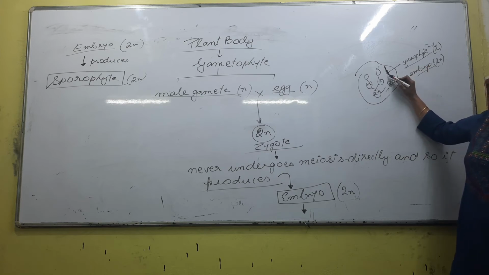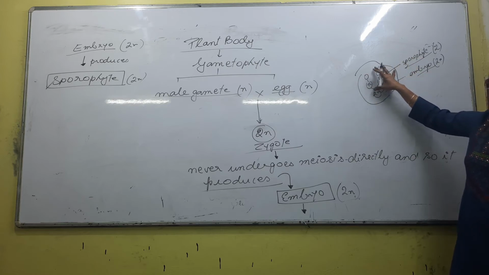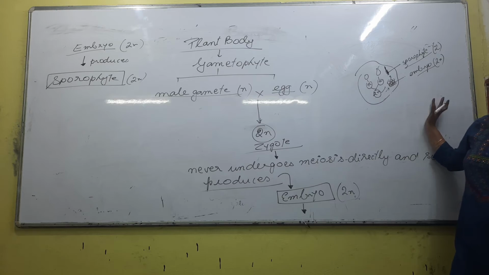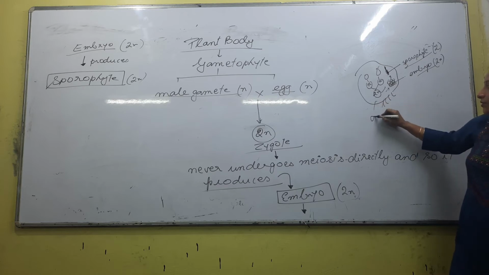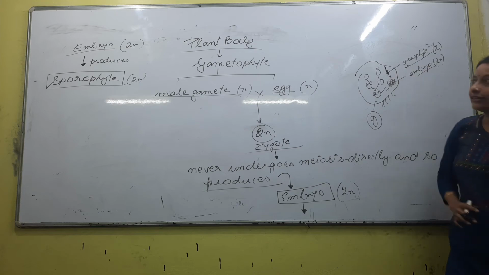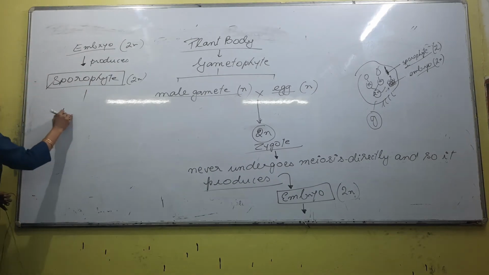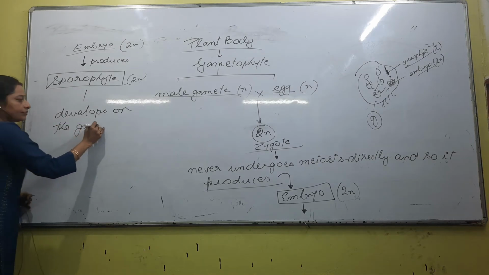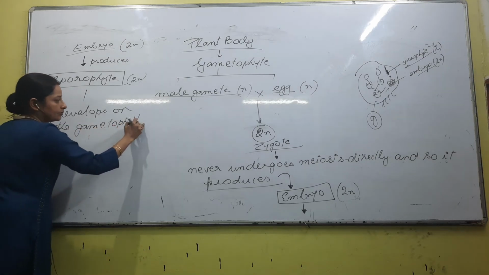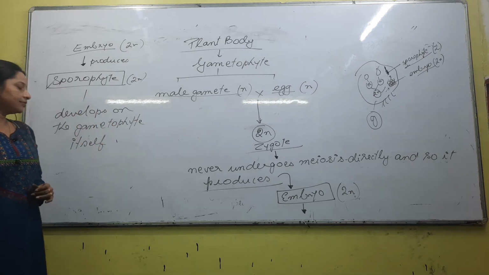When we talk about the growing of a plant, there are two conditions: either it will grow on the mother plant or it will grow on soil. The main plant that grew on soil is the gametophyte, and on the gametophyte the sporophyte develops. Clear?